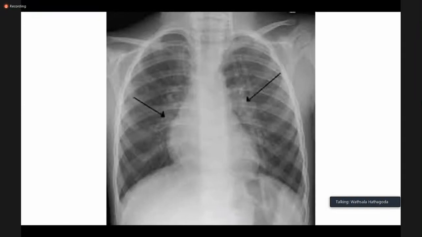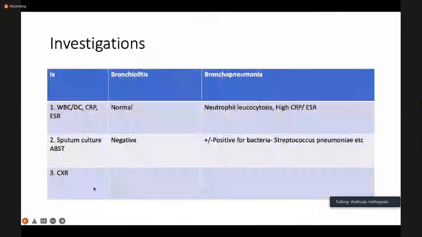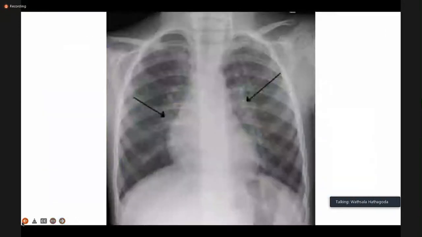Whereas in pneumonia, what would you see? If it is a lobar consolidation, madam. Yeah, if it is lobar pneumonia or bronchopneumonia, on the other hand, you might see consolidation. So you should be able to tell at least what features you would expect to see in certain conditions.